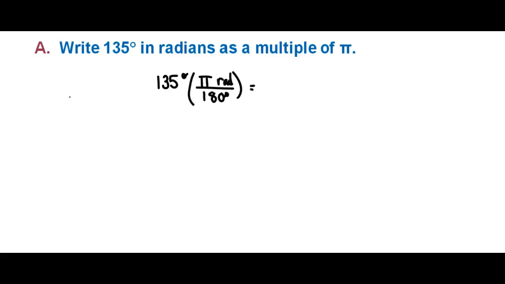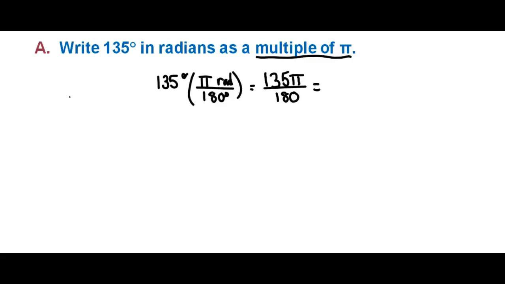But essentially, they want us to write it as a multiple of pi. So I could say that there's 2.356 radians in 135 degrees, but instead I'm just going to write this out as an exact value, 135 pi over 180.